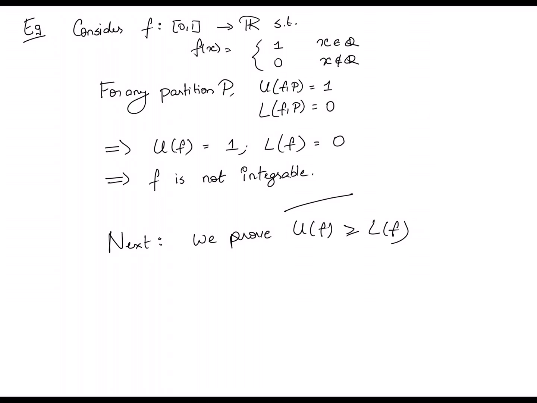In other words, for any function, the upper Darboux integral is always greater than or equal to the lower Darboux integral, and so integrable functions are those where this inequality is replaced by an equality. But we will need a sequence of lemmas to arrive at this statement. So we will begin with the following result.